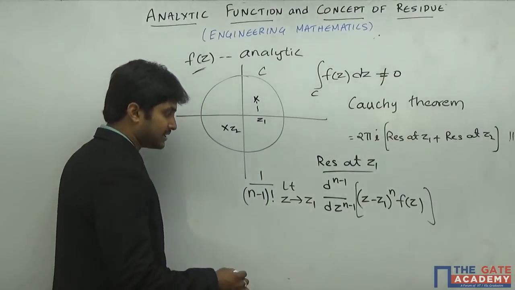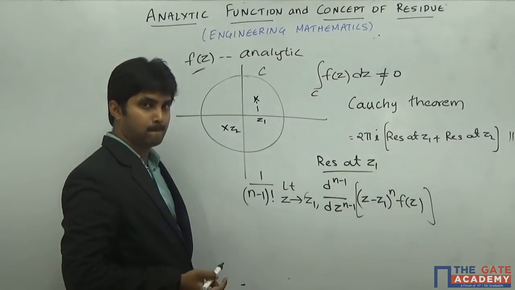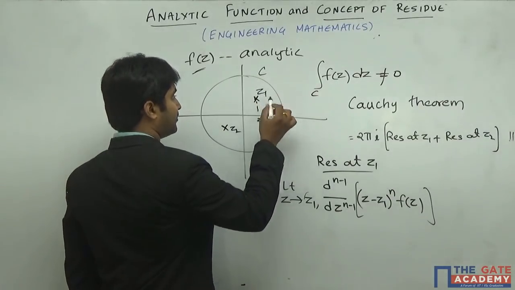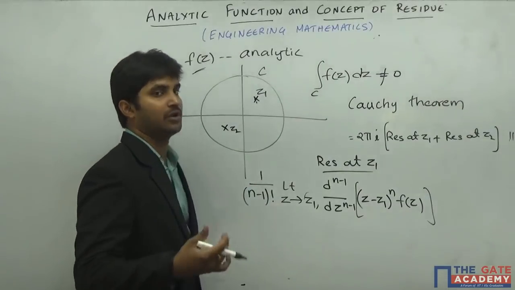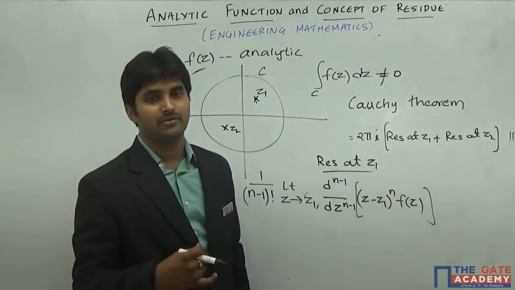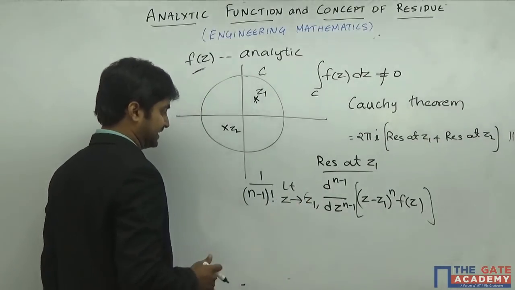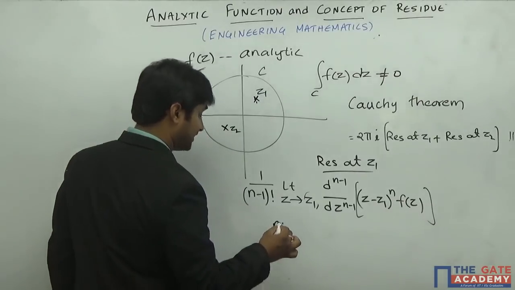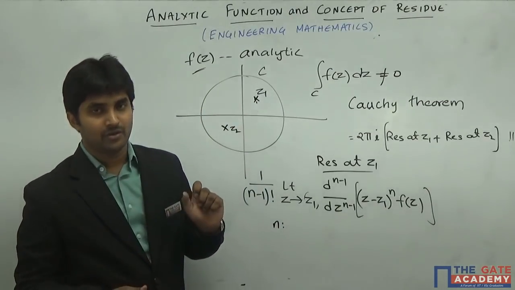Now what is n here? z1 is a particular point where you have a pole, or a singularity. A pole is one form of singularity; there are different types of singularities. So z1 is that particular singularity, and n is the number of times the singularity is repeating at that point z1.